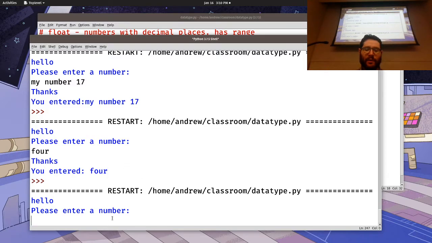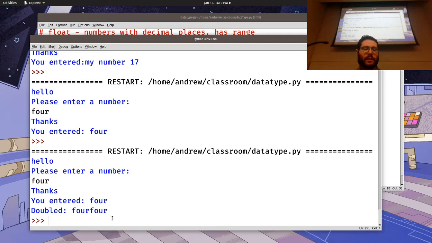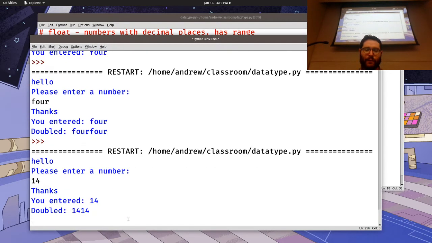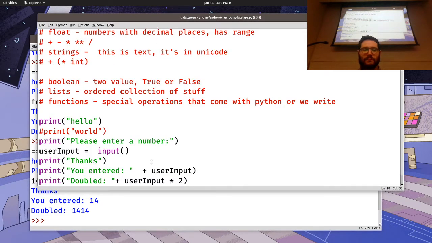Please enter a number, 4. You entered 4, doubled 44, right? If I were to run this program again and say 14, give me 1414. Okay, so if I wanted to deal with integers, well, I used str to convert a number into a string.